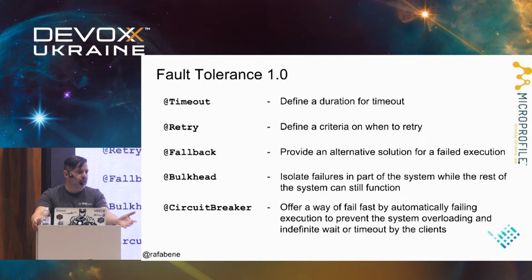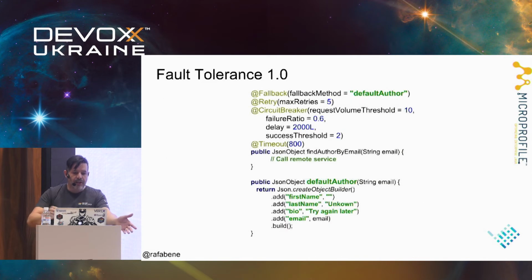To retry, you can just use the annotation retry. The fallback will provide an alternative solution. If this microservice is not available, what other method should I call? Bulkhead or circuit breaker. Here we have an example. By the way, I really like the fallback implementation.